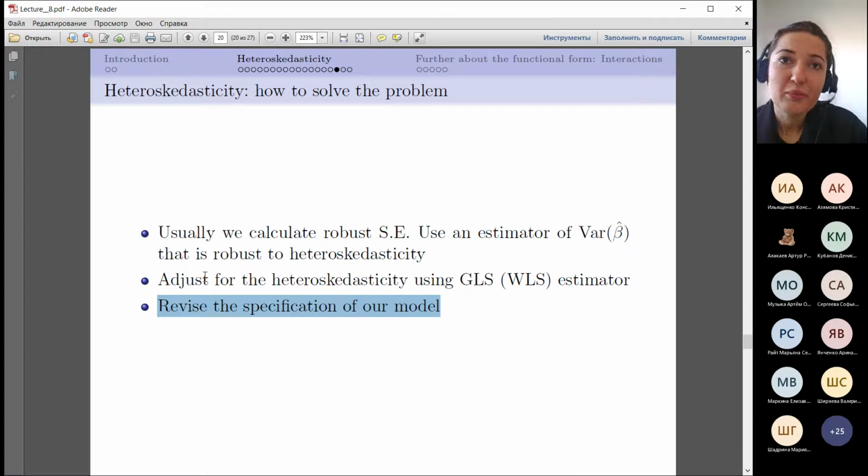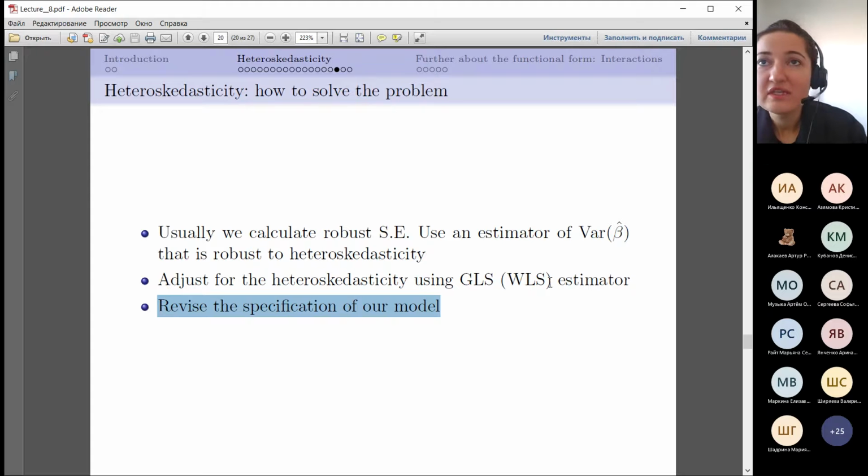These both methods were very popular before the econometricians, the empirical researchers, found how we can solve the problem of heteroskedasticity when we just change the standard errors of our coefficients.